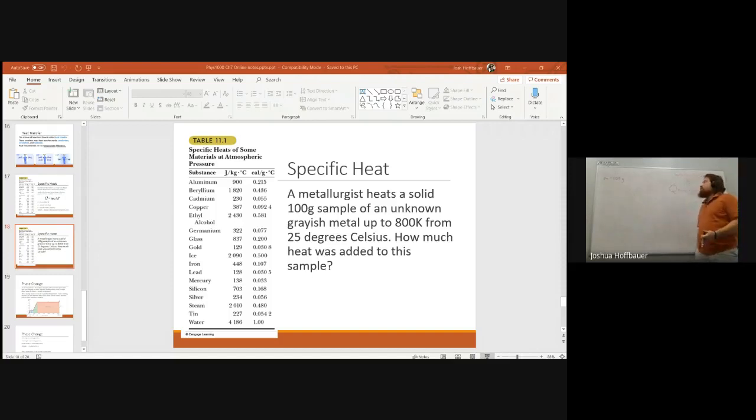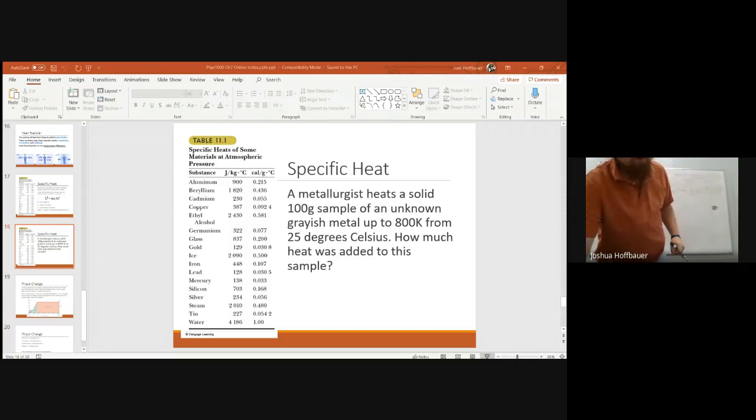So I'm going to go ahead and tell you guys, we're going to assume that the metal in this example is silver. It's a grayish metal. So we're going to look at the specific heat table, scroll down to silver, and see that its specific heat is 234 joules per kilogram degree Celsius.